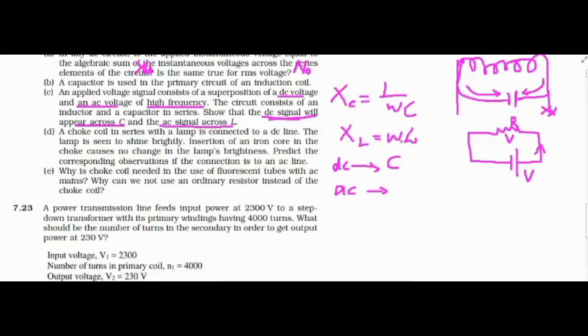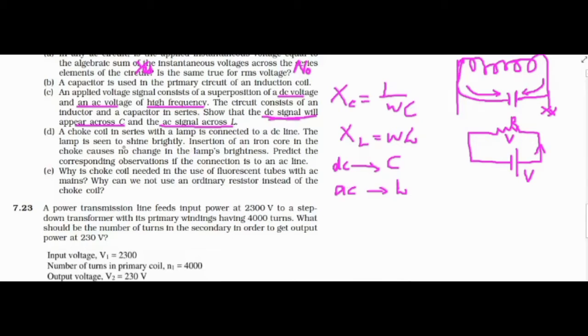Inductor opposes the flow of AC. Again, the same point, wherever there is an offense against the flow of current, you get voltage drop. Accordingly, AC is opposed by inductor so that AC voltage is dropped across inductor.